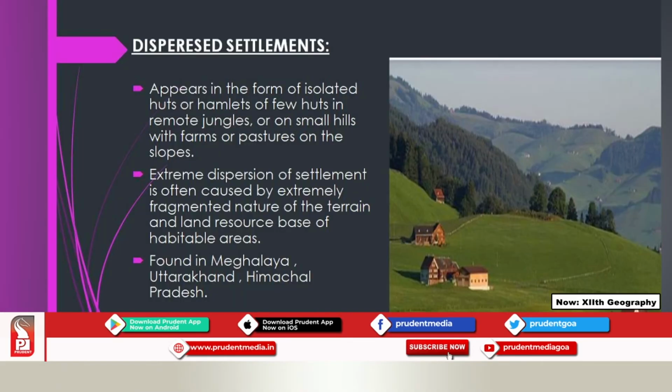Maybe you will find these settlements in the form of isolated huts, or hamlets of few huts in remote jungle, remote forest areas, or maybe hilly areas also you will find in the pastures on the slopes. Now, these dispersed settlements in India are found in Meghalaya, Uttarakhand, and Himachal Pradesh.